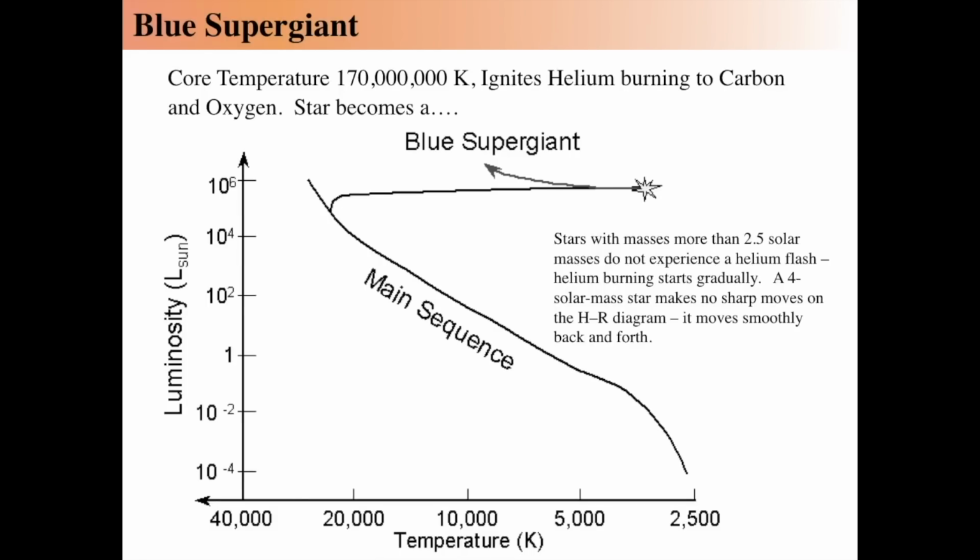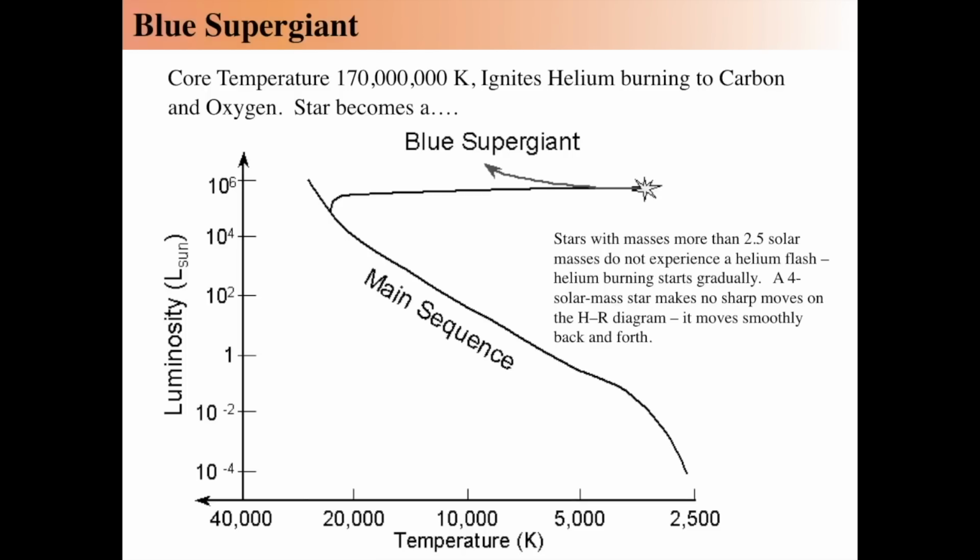Now remember, the HR diagram shows the surface temperature. So the surface temperature of a supergiant star ranges between, say, 3,000 Kelvin and maybe 10 to 20,000 Kelvin. That's a blue supergiant. A blue supergiant isn't really that blue. It's more whitish because it's kind of the same temperature as an A star. Well, I guess an A star is kind of bluish. It will be bluer than the sun.